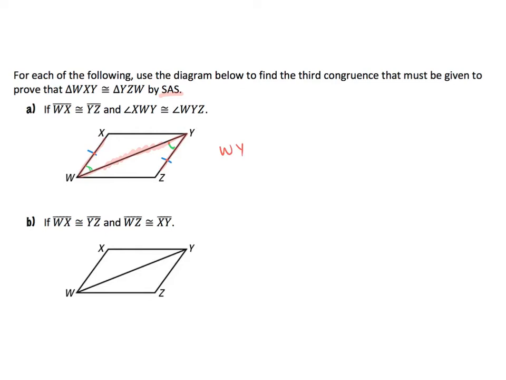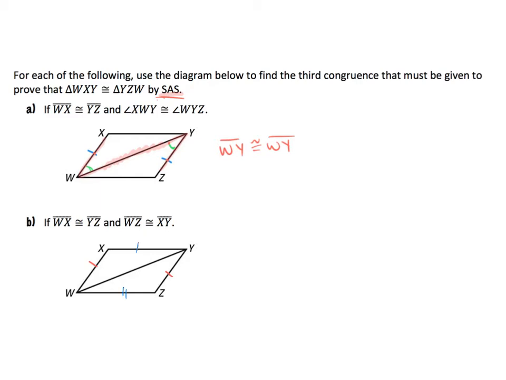So in this case, we can definitely make that statement and say that segment WY is congruent to segment WY by the reflexive property of congruence, but that is the one that we need in order to finish out the SAS postulate.